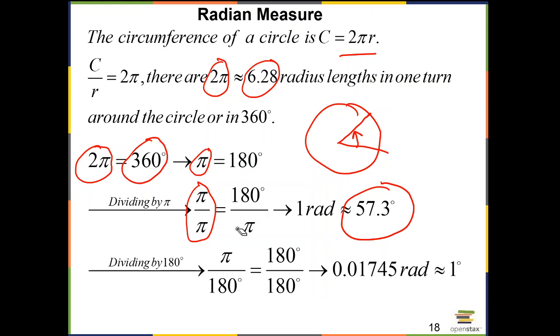Now, if you want to divide by 180, then the right-hand side would be 1 degree. So 1 degree is going to equal this much radian.